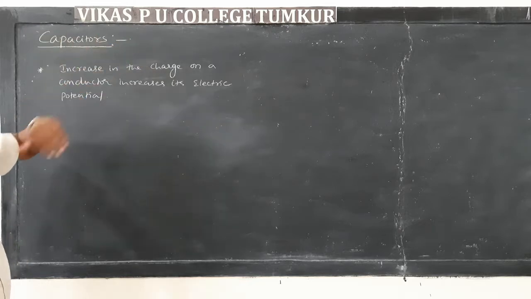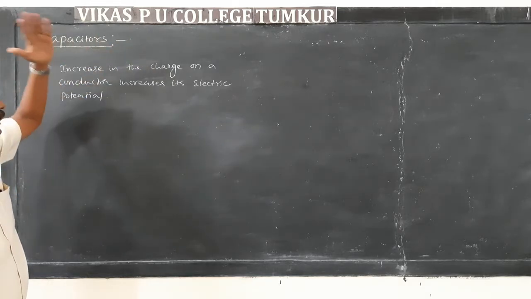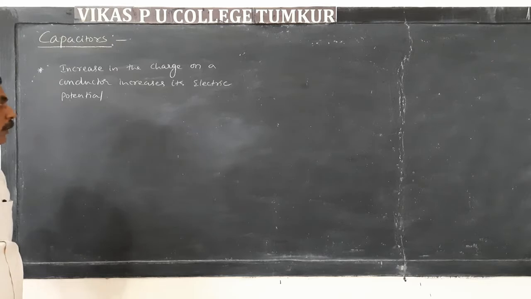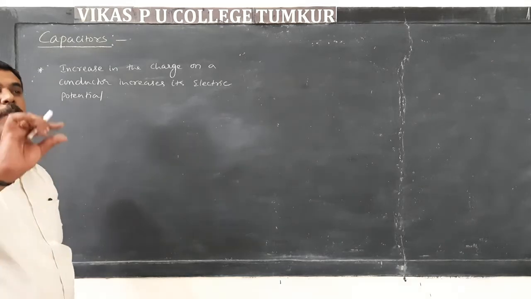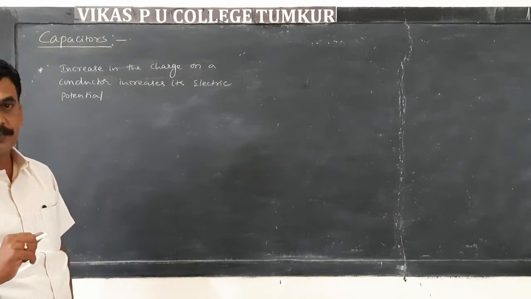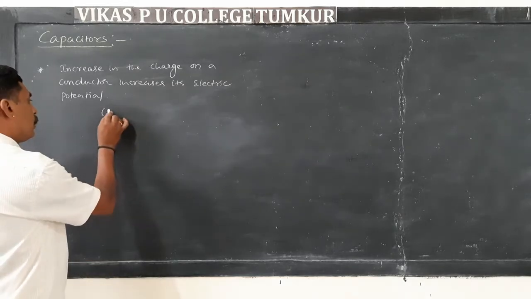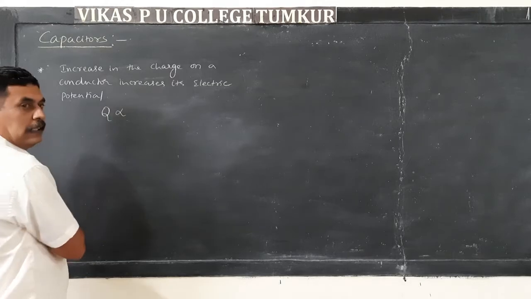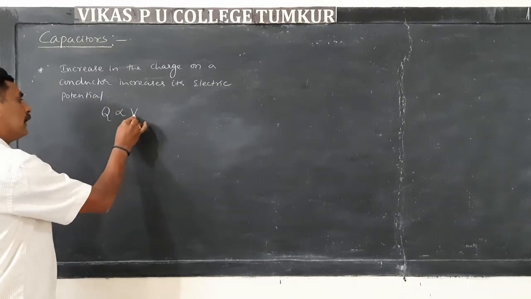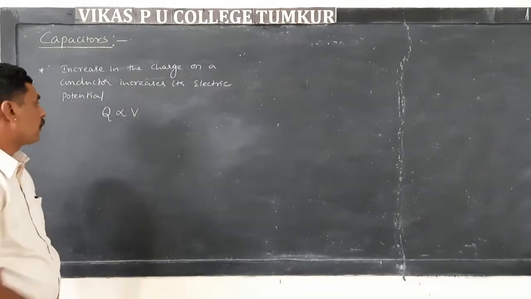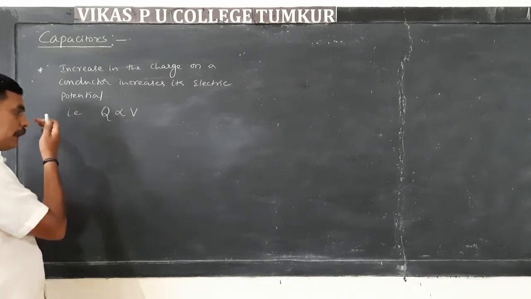Charge ನಾನು Q ಅಂತ represent ಮಾಡ್ತೀನಿ, potential ನ V ಅಂತ represent ಮಾಡ್ತೀನಿ. So V is dependent on Q. Therefore, I can write, increase in Q will increase V. So ಅದನ್ನೇ ನಾನು mathematical form ಬರೆದೆ.